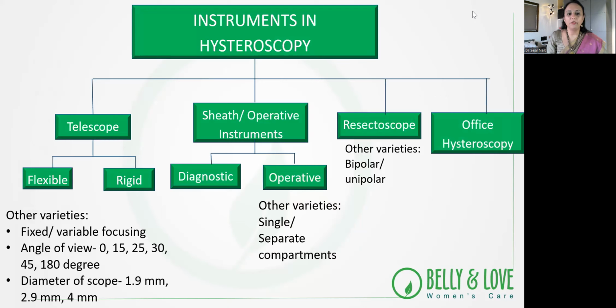There are different angles of vision: 0 degree, 15, 25, 30, 45 degree, etc. Different diameters of the telescope, 1.9, 2.9, etc. The sheaths can be divided into diagnostic sheaths and operative sheaths, and can be single compartment or separate compartments for outflow, inflow, and working elements. Resectoscope can also be divided into bipolar or unipolar resectoscope, and there are different sets for office hysteroscopy.